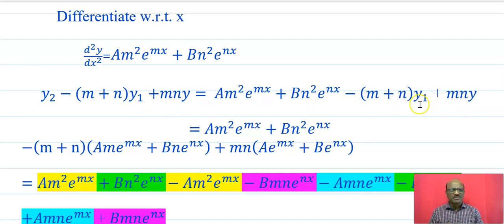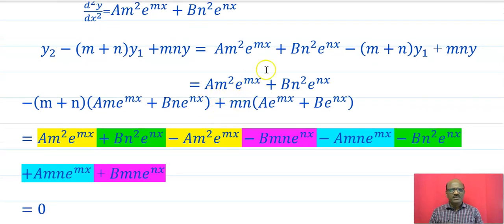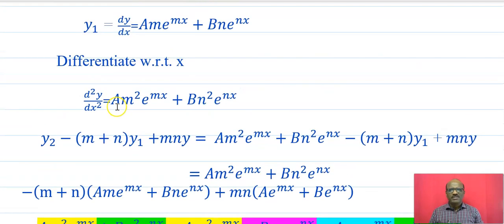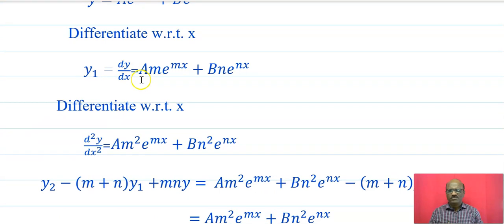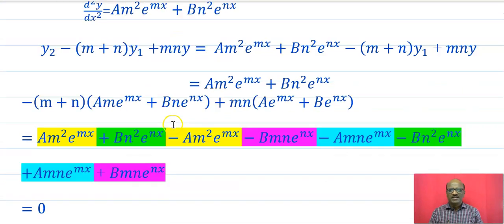Plus mn y, and if we simplify, that is a m square e raised to mx plus b n square e raised to nx minus (m plus n) times the value of y1. What is the value of y1? A m e raised to mx plus b n e raised to nx.